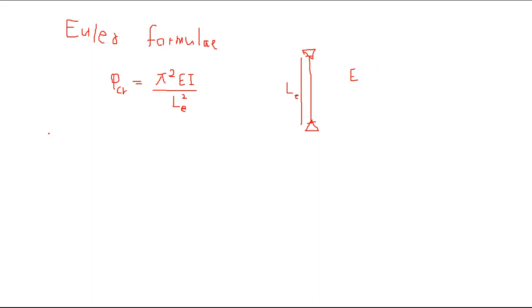So this really does depend on the end conditions as well. This is for a pin condition. In general terms, this can be written as P critical as pi squared EI over K times L squared.